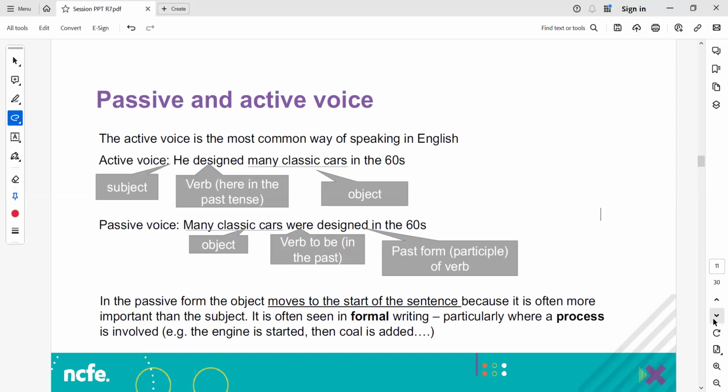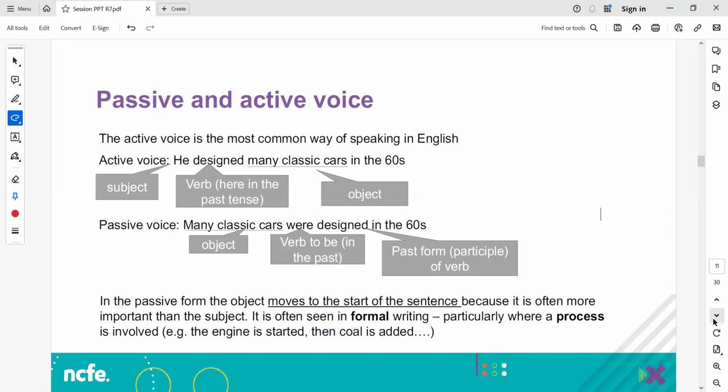In the passive voice, that same information sounds slightly different: "Many classic cars were designed in the 1960s." So the object, the classic cars, starts the sentence. We've got the verb "to be" in the past tense and the past form of the verb.